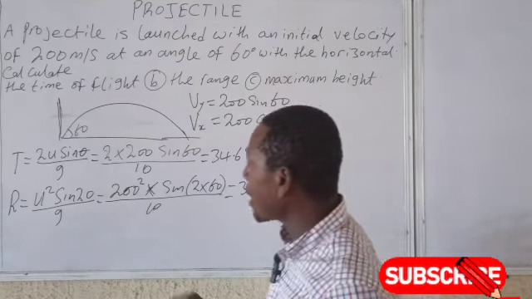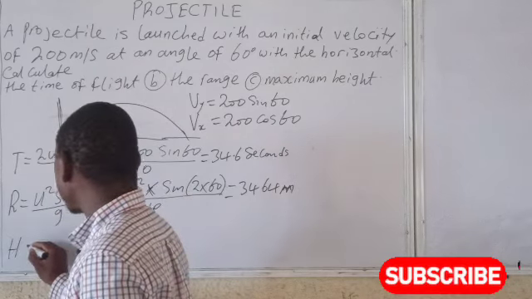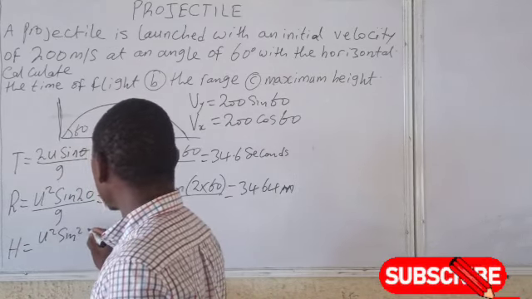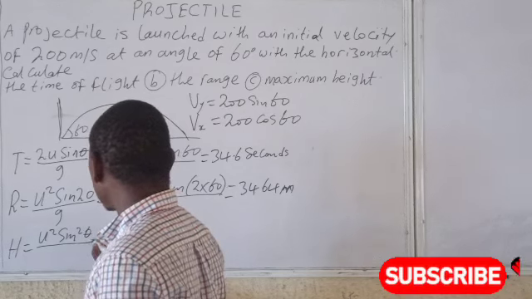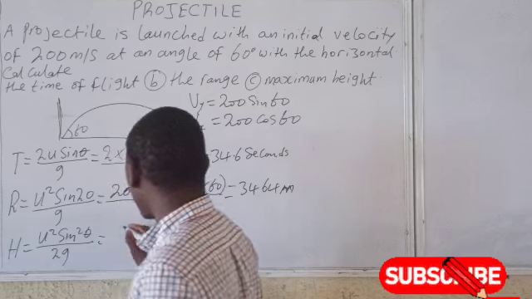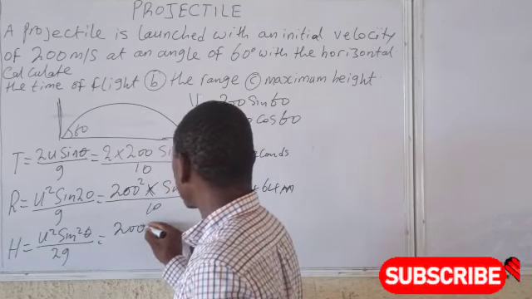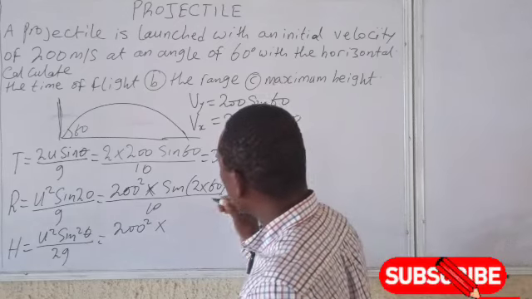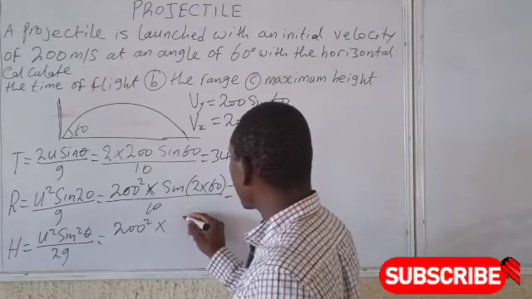The horizontal range. While the last one is the maximum height, which is u square sine square theta all over 2g. So here we have 200 square times. Now in this case, you are going to look for sine 60 first.